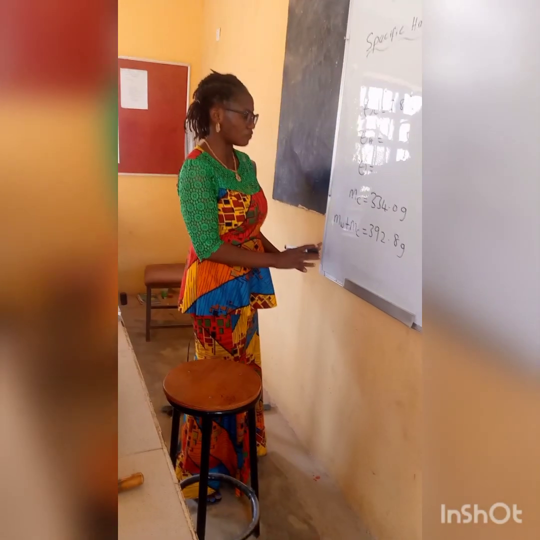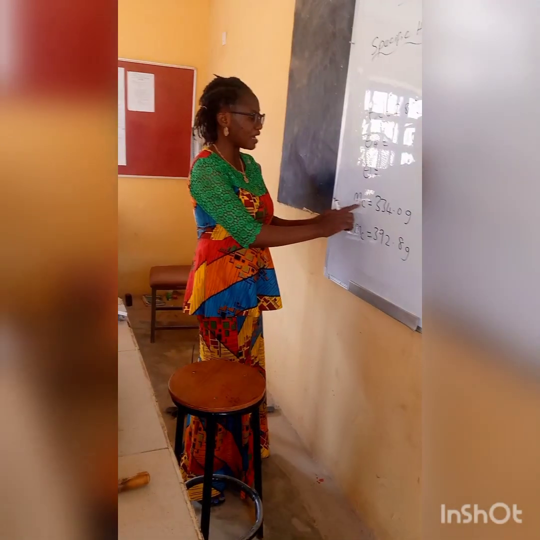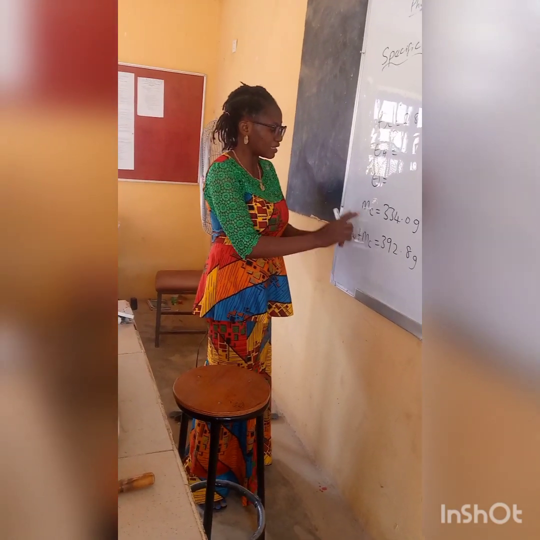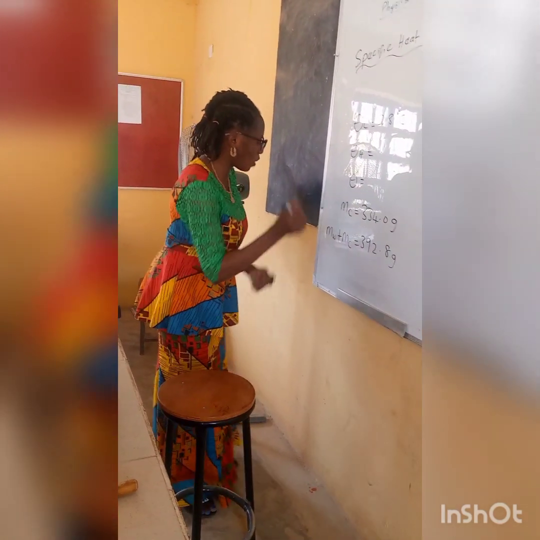How do we find the mass of water? We just subtract the mass of calorimeter from the mass of water plus the mass of calorimeter. So what will it give us?